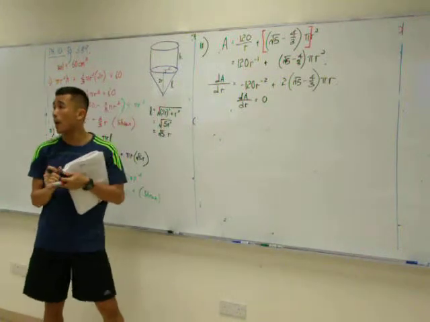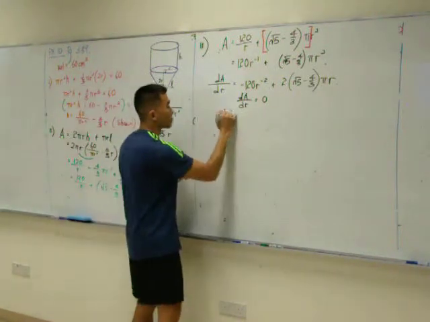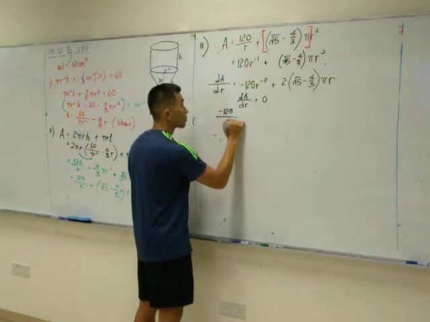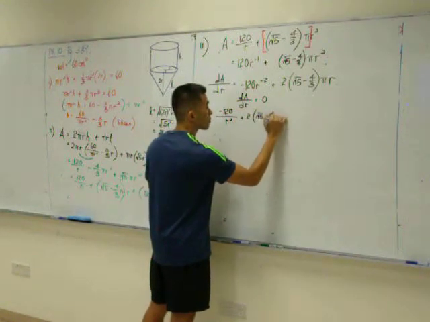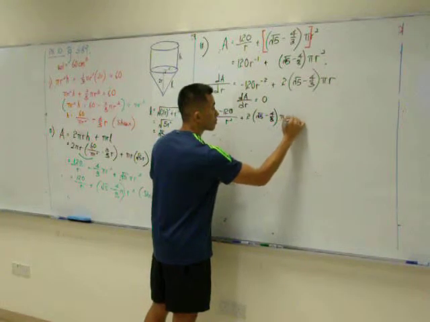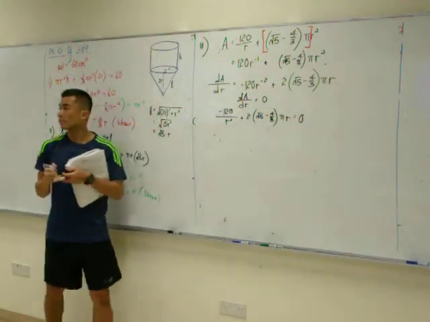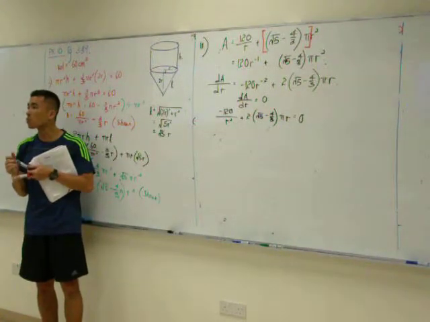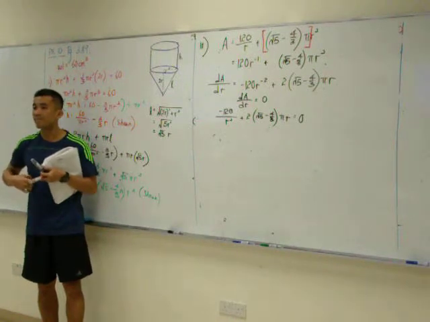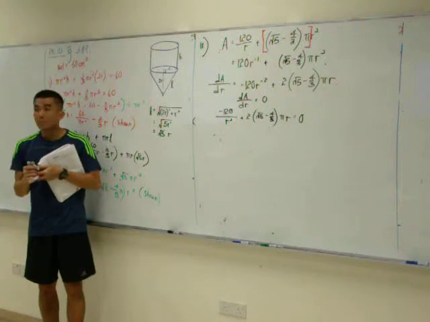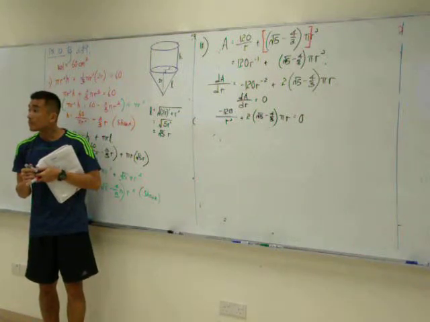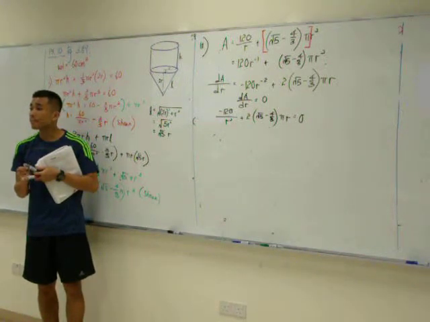Okay, now comes the part where you have difficulty. How to solve for r? This is the part. Anyone?